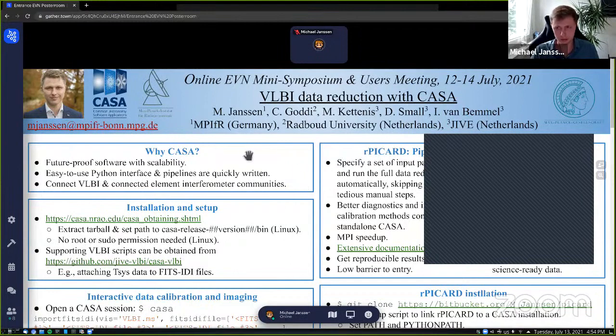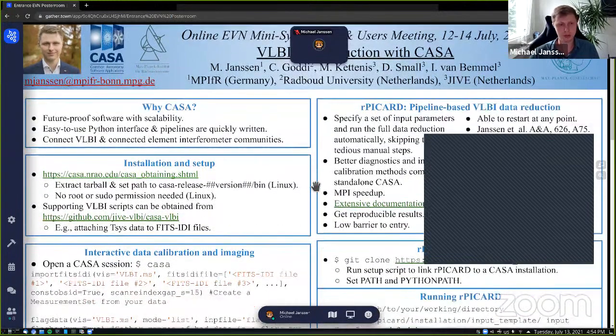I just mention a few things about this poster, namely my mostly personal view of why you would want to use CASA for VLBI data. It is definitely very future-proof software, and is also able to scale with available hardware, scale with computational power. So it's able to keep up with the increasing data rates that we have in our radio facilities, future radio facilities, and also some of them, like the EHT, that are already here now.